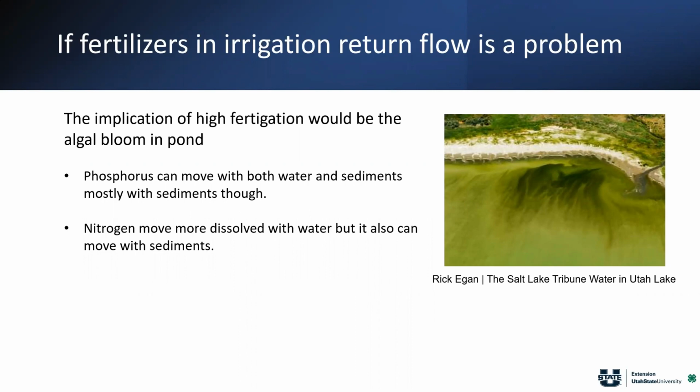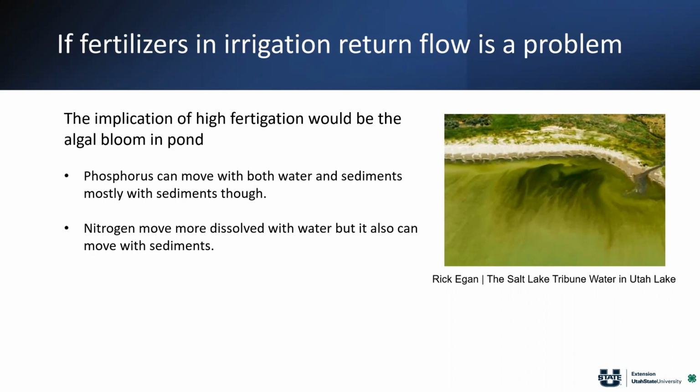So this is a picture from Utah Lake, and I adapted this from the Salt Lake Tribune. You can see how the algal bloom is causing the water to be polluted, and if we have harmful or toxic algal bloom, we can't even use that water after treatment.